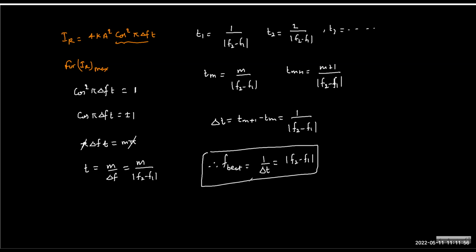So beat frequency we define via the time between two successive maxima or minima. I did it for the maxima. You can do it also for the minima, and you get a similar answer.